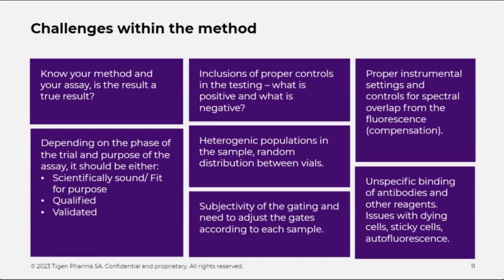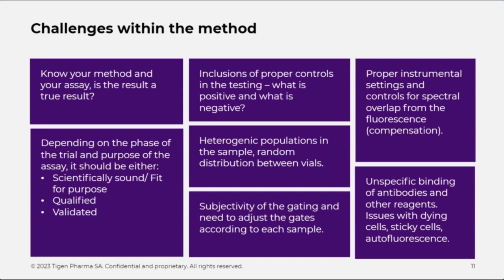In early phase, before the pivotal trials, you need to have the assays qualified, and there are guidelines that instruct on what you need to do in regards to qualification. For your GMP release assay, it needs to be validated. I will go further into this in a couple of slides.